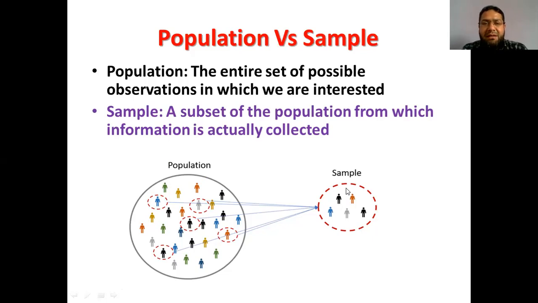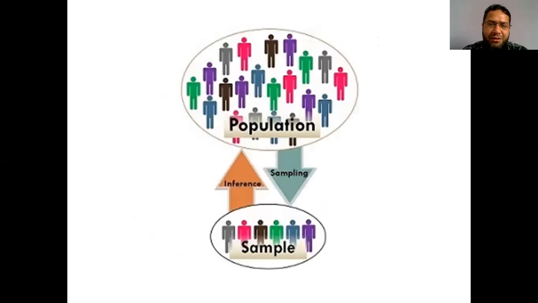We want to see what is the weight, what is their diet, what they take. Do they take excess salt, excess sugar? So it is not possible to study the whole population. We select a subset of the population, and this subset is called the sample. So from the whole population, we select a few individuals which constitute our sample, and on the basis of the sample we get the results for the whole population.